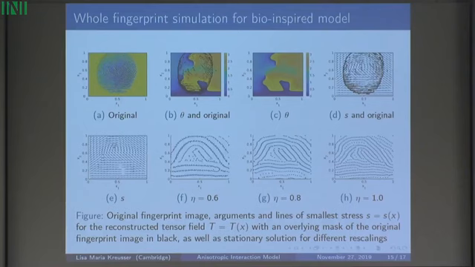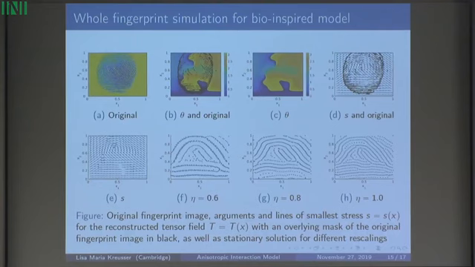So by rescaling the force coefficients appropriately, we are also able to rescale the distances between the lines, and this basically allows us to produce any type of patterns as stationary solutions to our models, because the simulation results we obtain depend on the tensor field, but if you use different types of inputs, we are also able to create different types of general patterns.